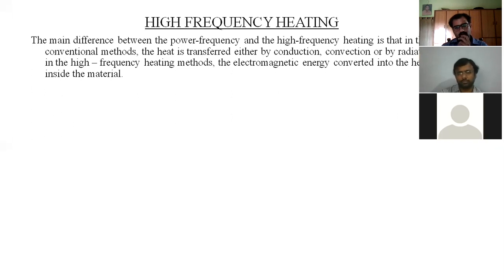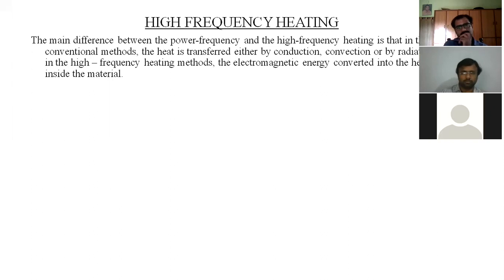Now we are going to deal with high frequency heating. In this high frequency heating, the heating can be applied to two types of materials, that is insulating materials and magnetic materials. In the magnetic materials also, they have been subclassified into two types, that is ferromagnetic materials and non-ferromagnetic materials.